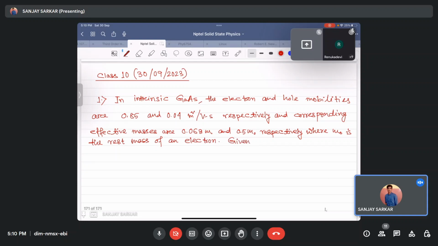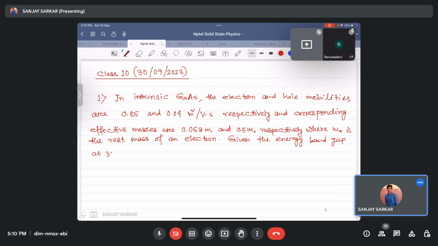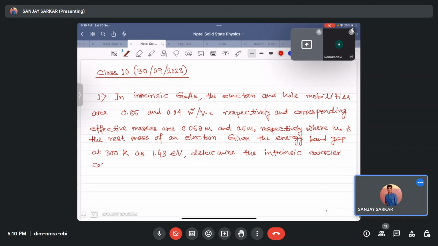And given the energy band gap at 300 Kelvin as 1.43 electron volt, determine the intrinsic carrier concentration and conductivity.